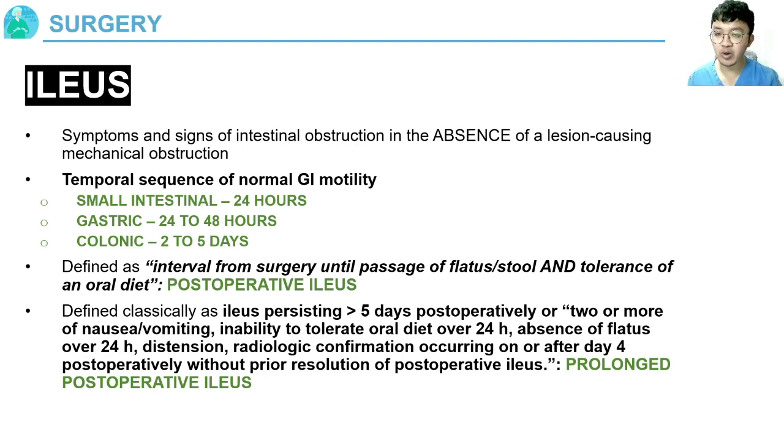Because again, there's a temporal sequence of the GI system to return back to its normal function. Again, 24 hours small intestines, 48 hours gastric, and 5 days colon. However, if it exceeds the 5 days we have given for the colon to recover, or if it has, again, the aforementioned symptoms on day 4, then it's called a prolonged post-operative ileus. Again, post-op ileus is different from prolonged post-op ileus.